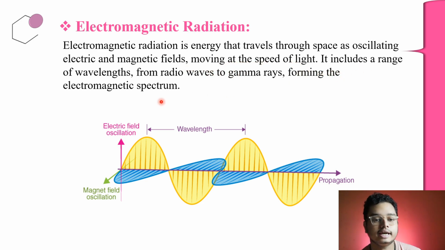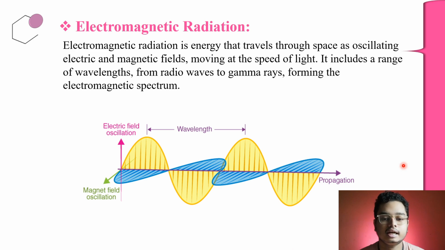It includes a range of wavelengths from radio waves to gamma waves, depending upon their wavelength and energy. It is three-dimensional: for example, the electric field oscillates in the z direction and the magnetic field oscillates in the y direction. Both perpendicular fields show the electromagnetic propagation in the x direction.